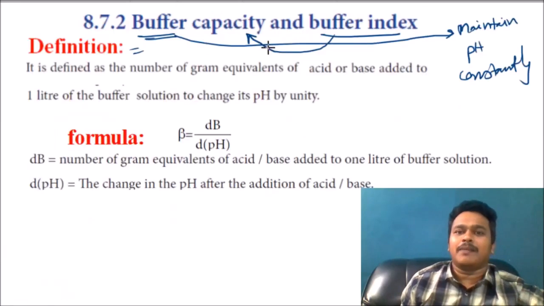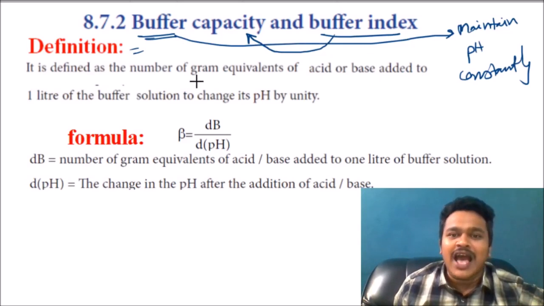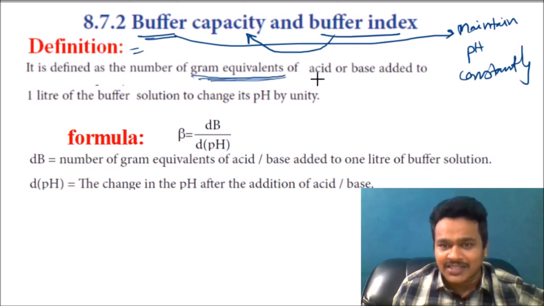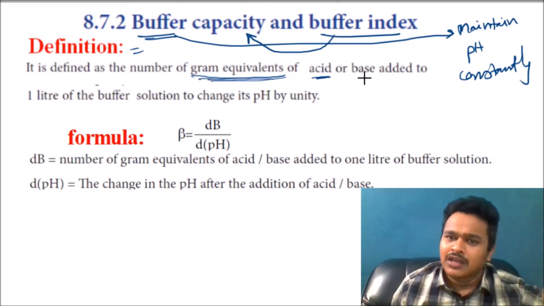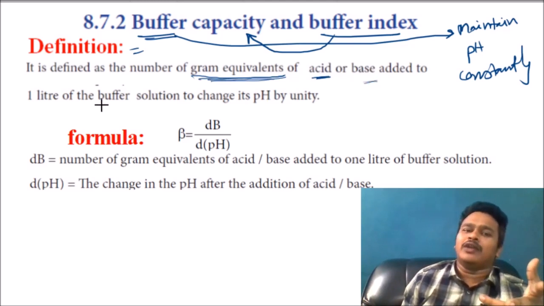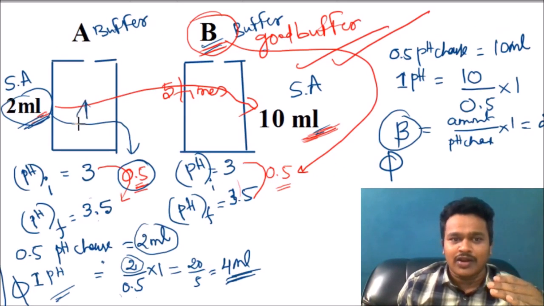See, buffer capacity definition. It is defined as the number of gram equivalents. That amount you have to take as gram equivalents of acid. We are adding acid, in our example I am taking acid, or in another example you can take base also. Added to 1 liter of buffer. I told you 1 liter. First buffer you are taking, it is also 1 liter you have to take.